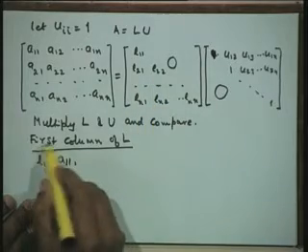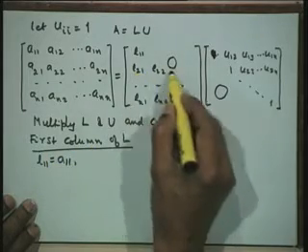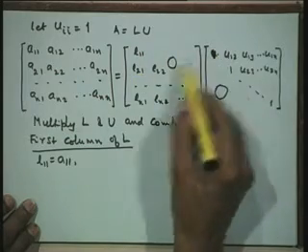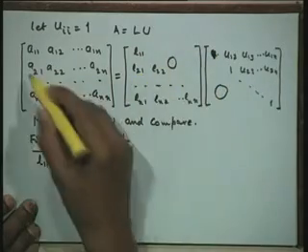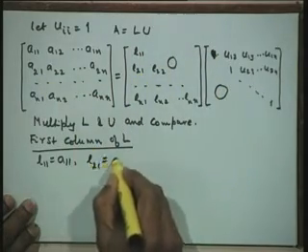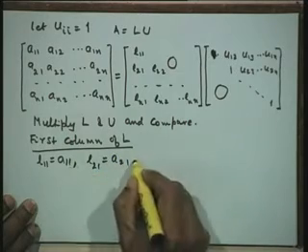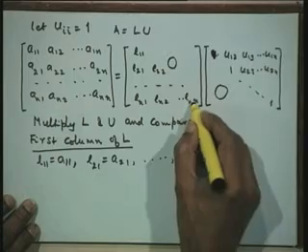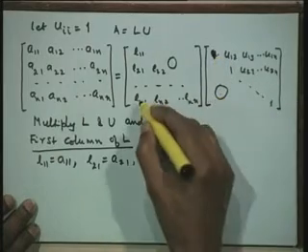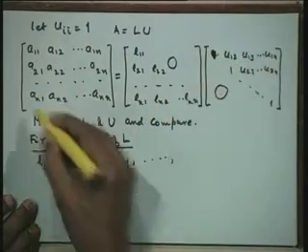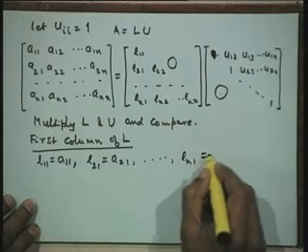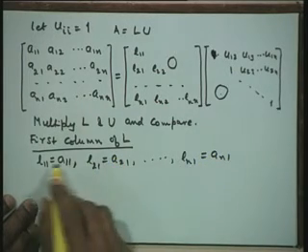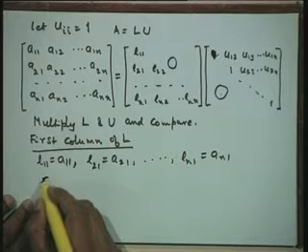Now, I am going through the first column of L. I take the second row and multiply by the first column of U. So, this is L21 into 1, remaining are all zeros. So, L21 is A21. Similarly, the last row multiplied with the first column gives Ln1 into 1 equal to An1. So, Ln1 is An1. That means the first column of L is the same as the first column of A.